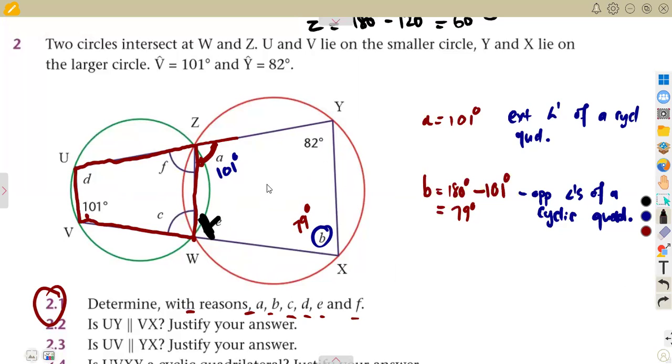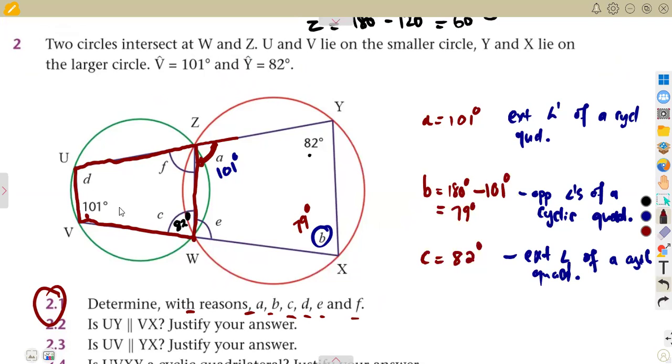So angle C is 82 degrees. The reason being that the exterior angle of a cyclic quad is equal to the opposite interior.